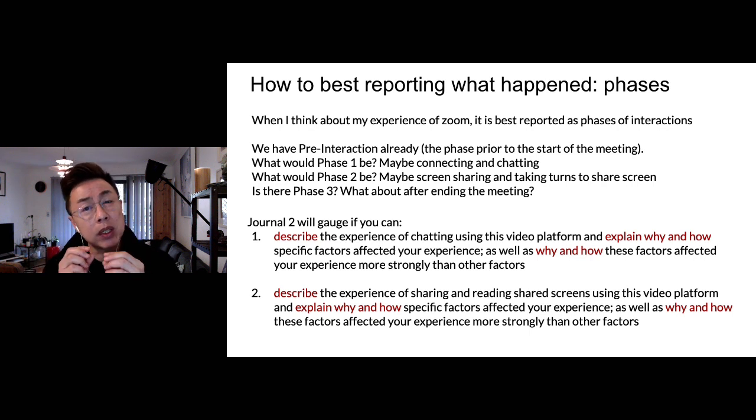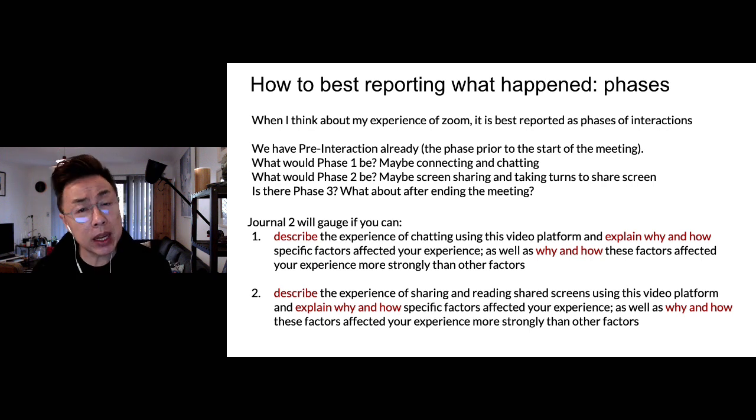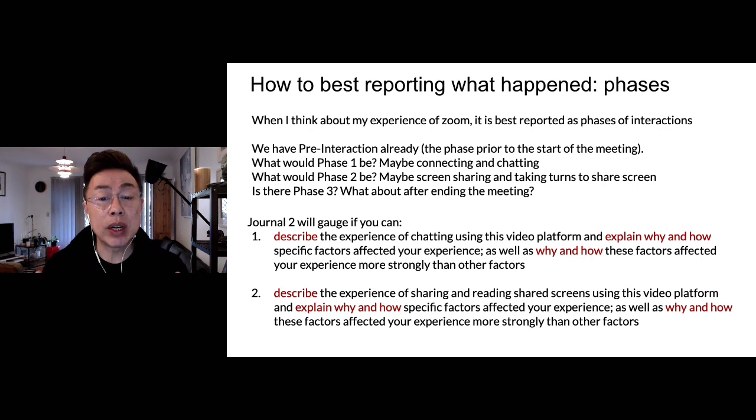Not so much the details of the conversation, but what happened during the chat and what the user experiences of the chat. That's all you need to do. And then you move on to the next phase. So maybe the next phase is about doing a screen sharing of your own to share something. And how did you find the user experience of that?